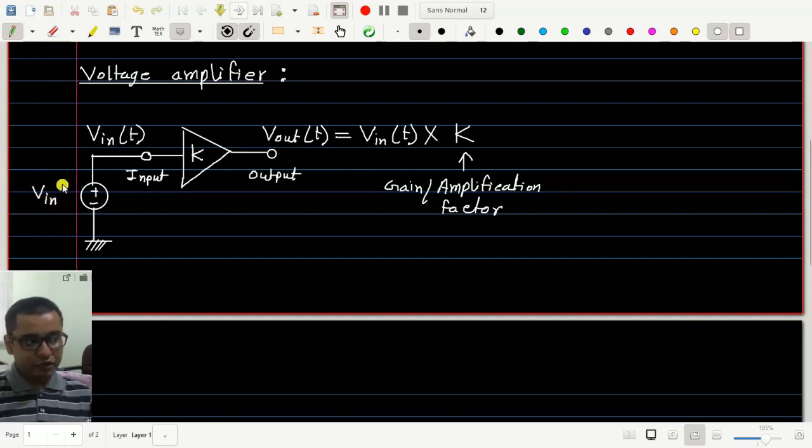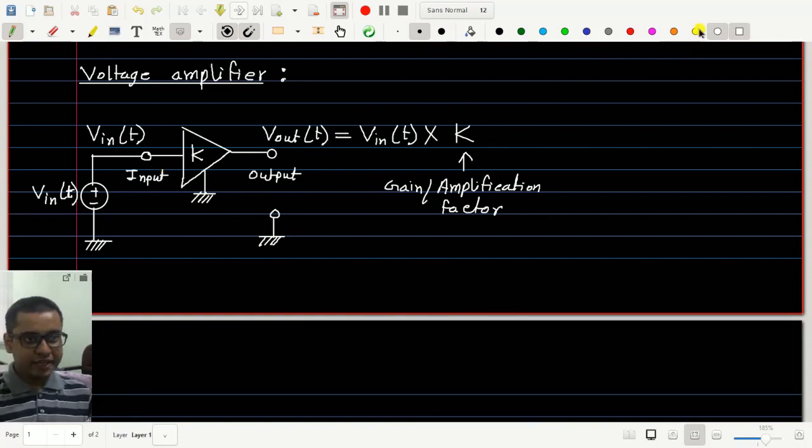This is V in t, function of time in general, and the output voltage is also measured with respect to the same common ground. This voltage amplifier, which we are denoting with just a triangle, is itself an electronic circuit with its own power supply and reference or common ground, which we may show like this if you like.